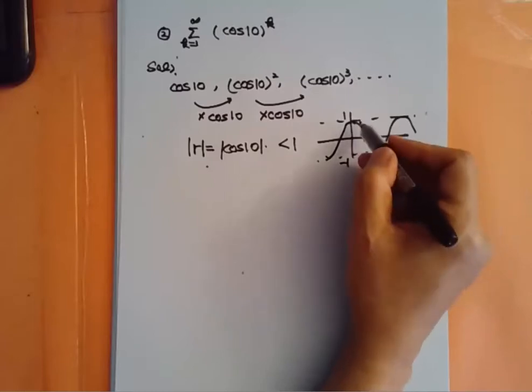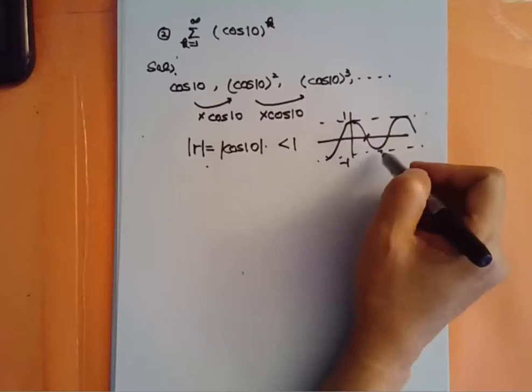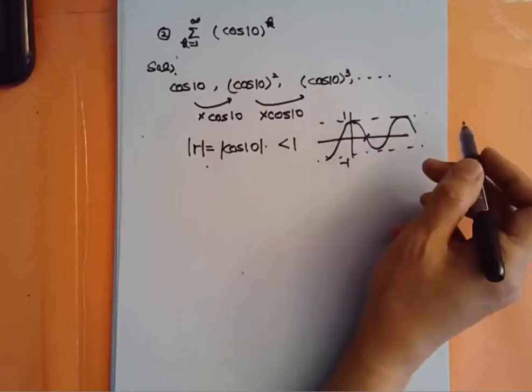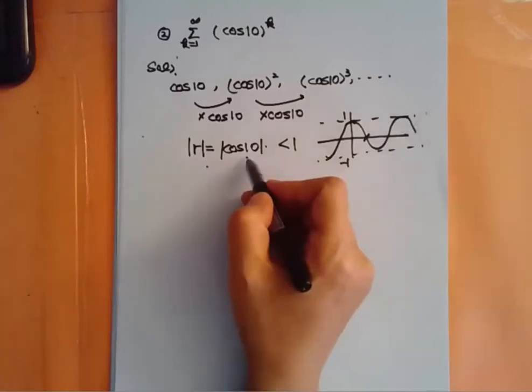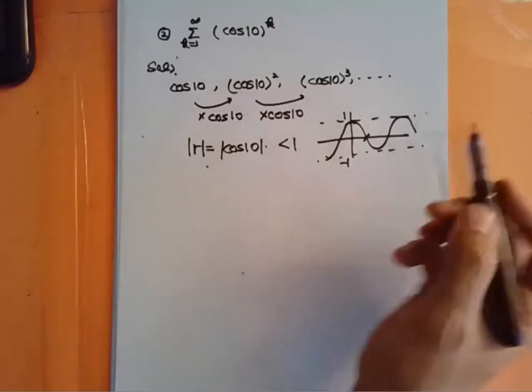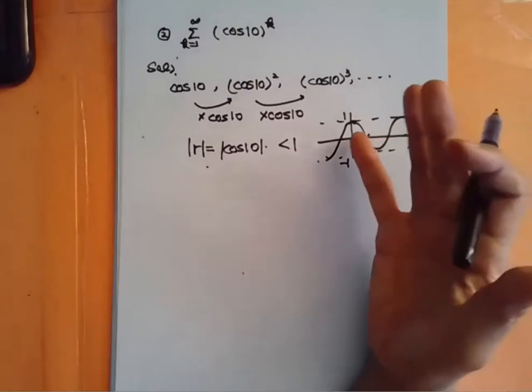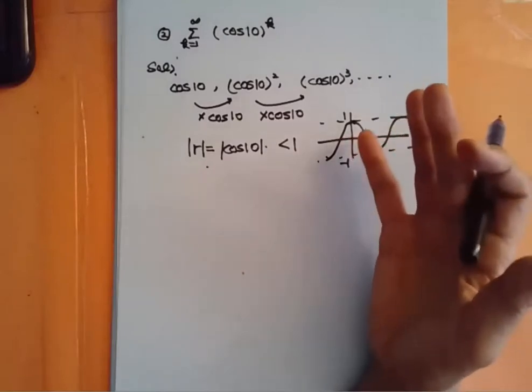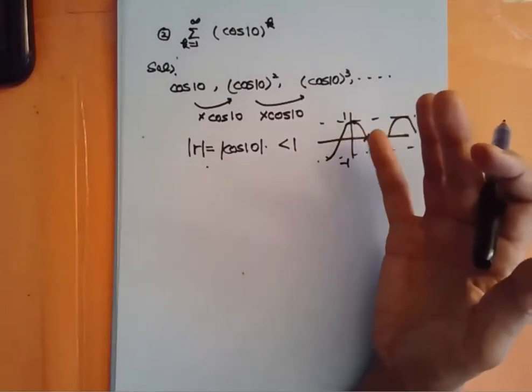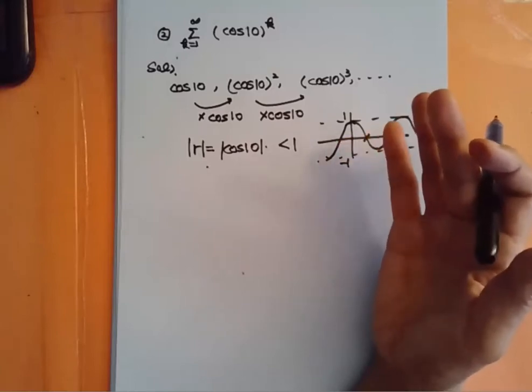The maximum and minimum happen whenever the argument is a multiple of pi over 2, and 10 is not a multiple of pi over 2, so we don't know whether that is positive or negative, but it will be a number which stays between -1 and 1.